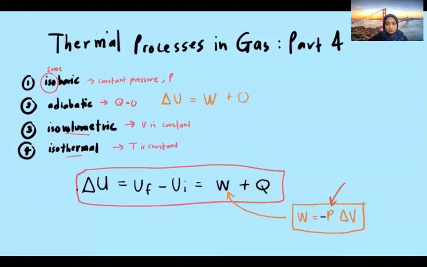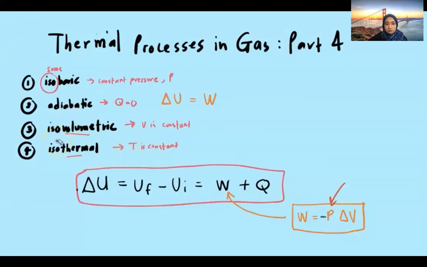So you can just not write it. So delta U is equal to work done. And for isovolumetric, you know that the volume is constant. So the V becomes constant. And then for isothermal, the T is constant.